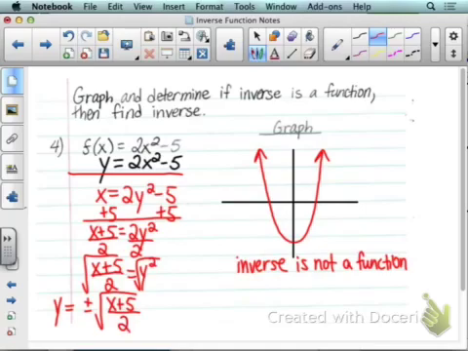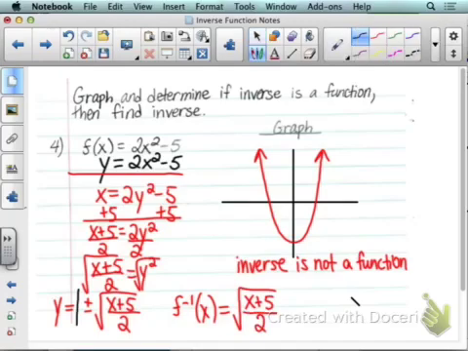The only part of this that would be a function is if we only put the positive part of this. So this is the inverse.